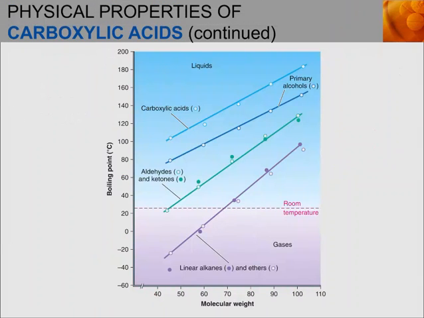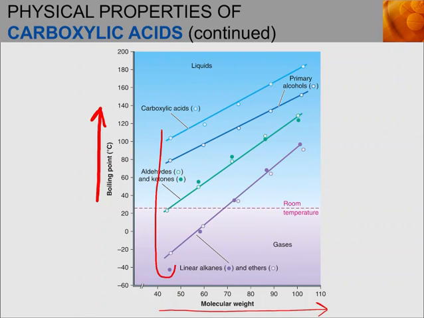All right, so let's look at a chart of all of the different types of molecules that we've looked at up to this point. On the x-axis, we have molecular weight, increasing from left to right. On the y-axis, we have the boiling point, increasing going up. Let's just look at molecules with similar molecular weights.